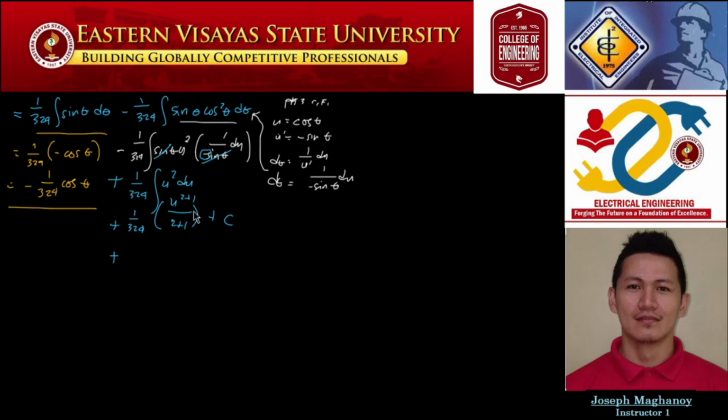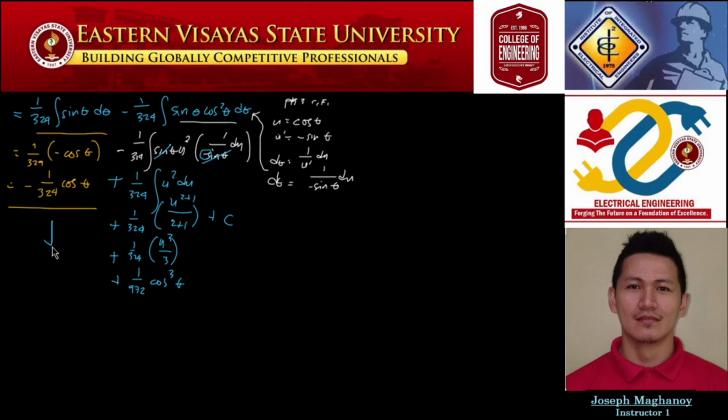So finally, that is 1 over 324 quantity u cube over 3. So 1/3 times 324, that is 1 over 972. So what is the value of our u? We recall our cosine power cube theta.